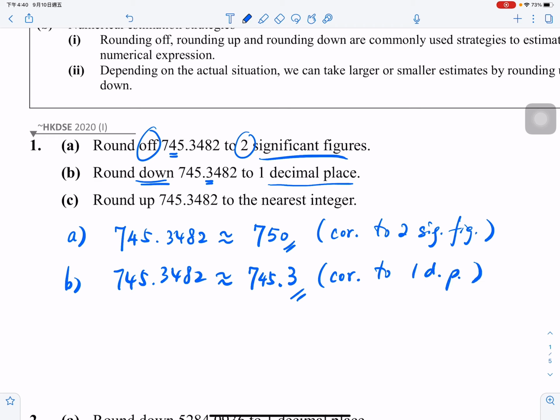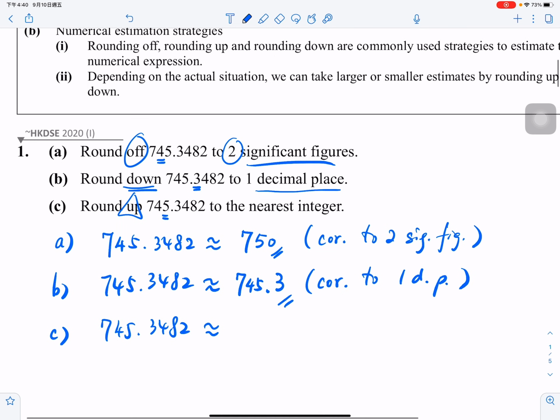And part C, integer, right? This time rounding up. That means the integer part is 740 something, and whatever the values on the right-hand side, up. That means 746, correct to the nearest integer.